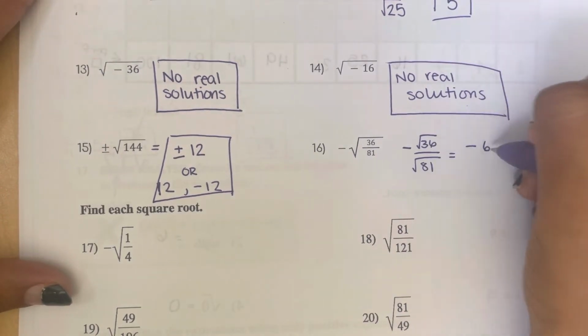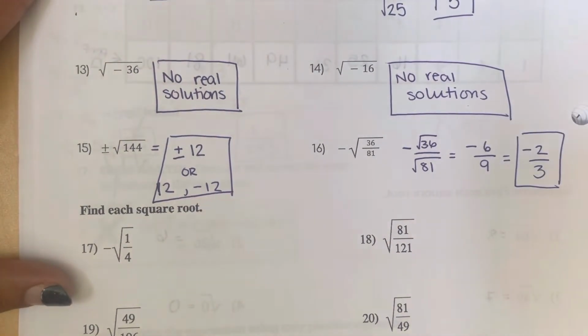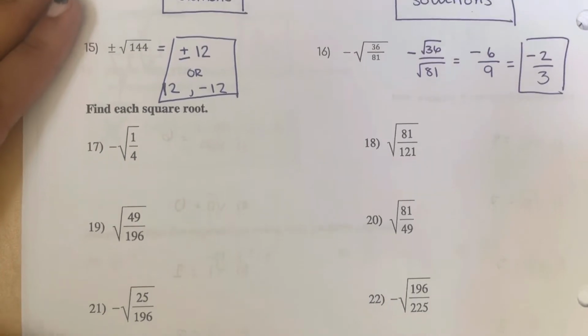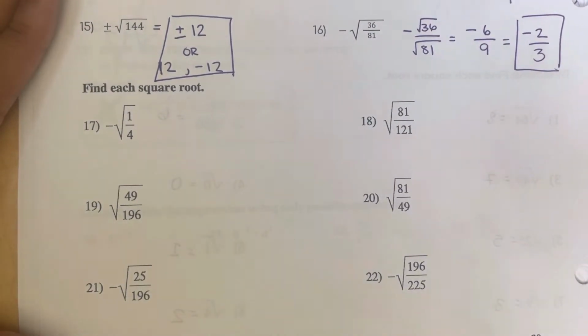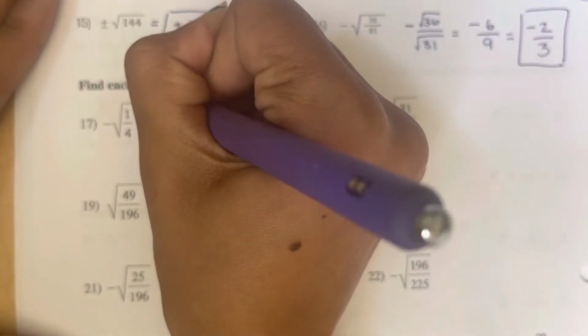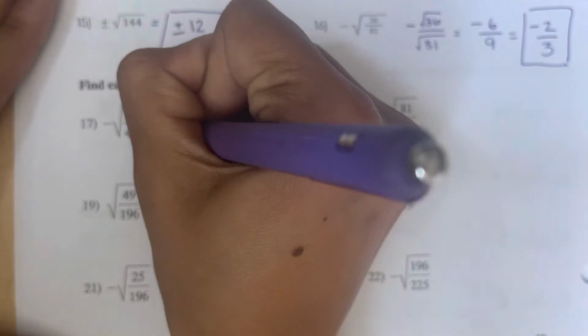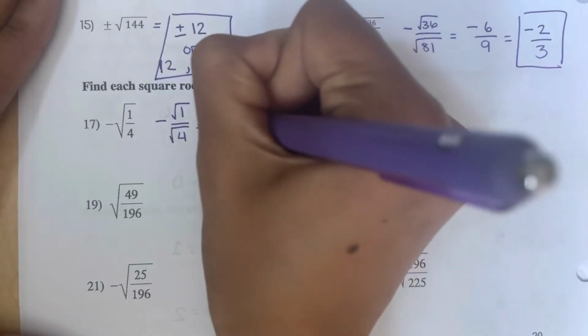I get negative 6 over 9, which will reduce to negative 2 over 3. All right, looking at number 17, that negative is on the outside. You'll end up with negative 1/2.